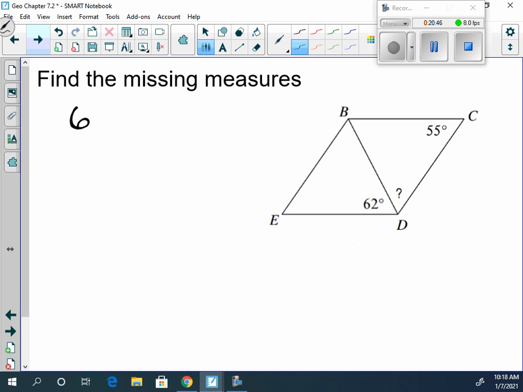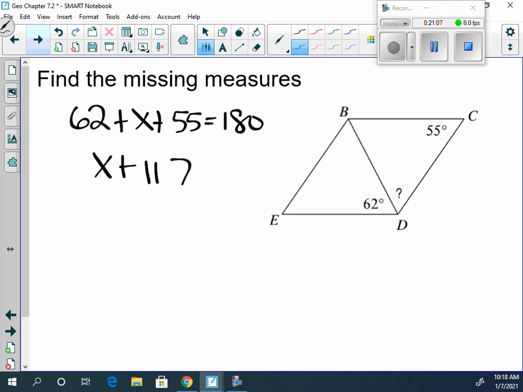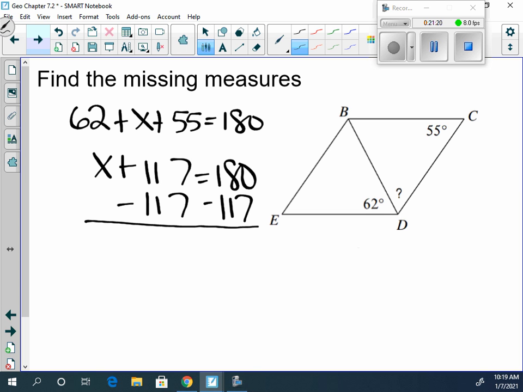So we can say 62 plus x plus 55 is equal to 180, because again, consecutive angles add together to be 180. But we can add the 62 and 55 together, so we can combine like terms. That'll give us 117. Well, to find the value of x, we need to get x by itself, so I would subtract 117 from both sides, because 117 minus 117 is 0.